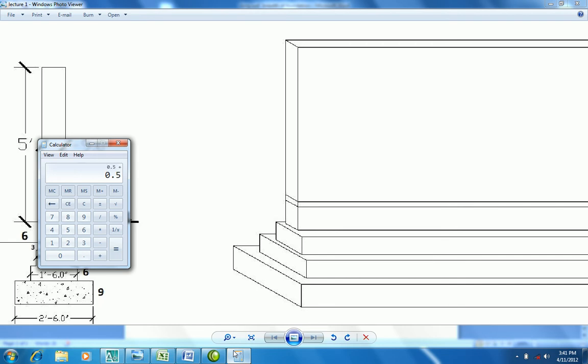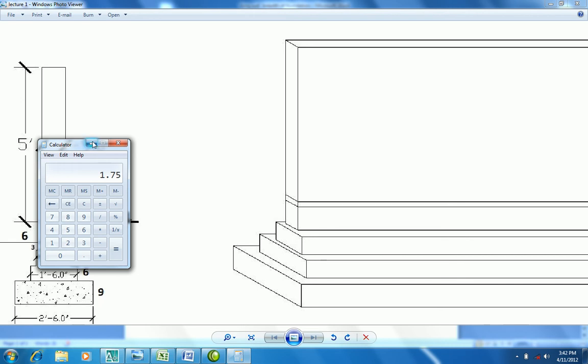Plus 2, so it means 2.5. The breadth of the foundation is 2.5, minus the above breadth of the wall, which is 9 inches. When we convert 9 inches into feet it becomes 0.75. So it comes to 1.75.